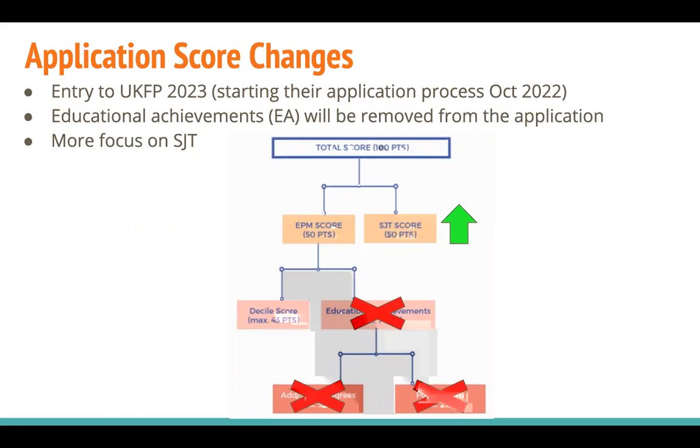So all they'll be focusing on is your SJT score, so they might increase those points and have it skewed more to focus on the SJT and your class ranking. So it's your class ranking and SJT score only if you're starting the UK Foundation Programme in 2023. That just happened a couple of days ago.